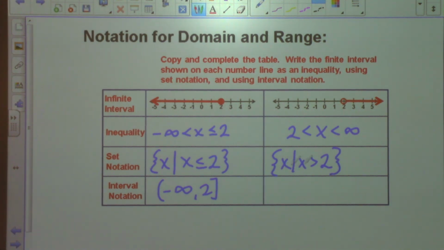We can just write our set notation this way. And finally, we can go like 2 to infinity, like this. Is that simple enough, you think?